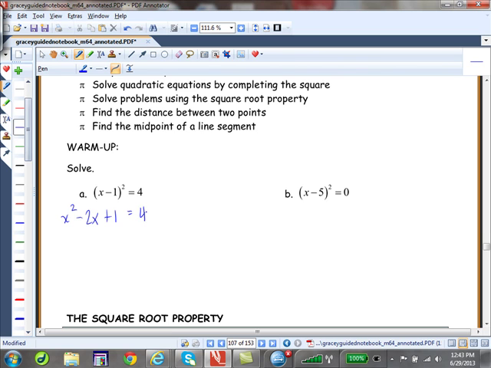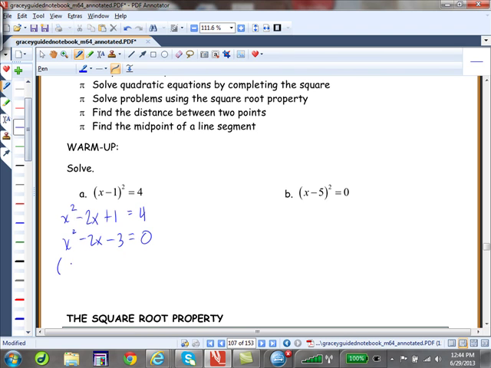That's equal to 4. Subtracting 4 from both sides, this would be x squared minus 2x, and then I'll get minus 3 on there, and I'll get 0 here.